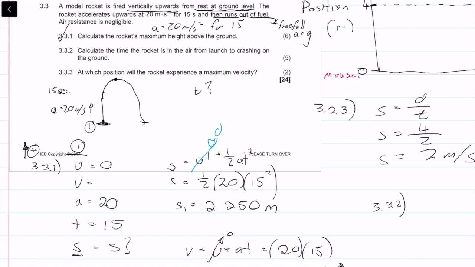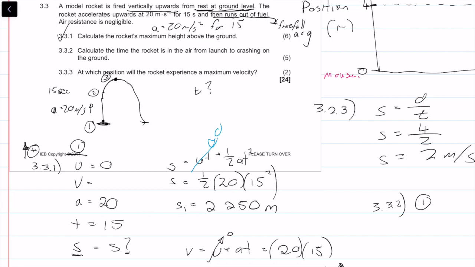What I'm going to do again is resolve this into 2 different sections. Let's actually leave it how it was: this was 2 and this was 3.